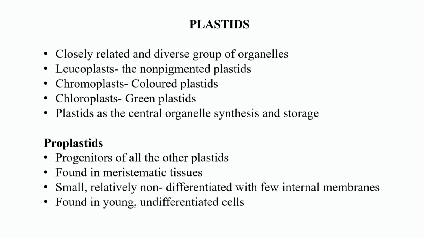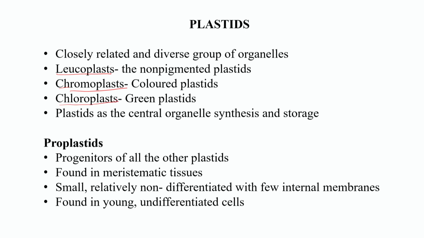You have leucoplast, which are colorless plastids. Different functions are assigned to those leucoplast, and they could be further classified into other groups. Then colored plastids are known as chromoplast, and the green plastid is known as chloroplast.